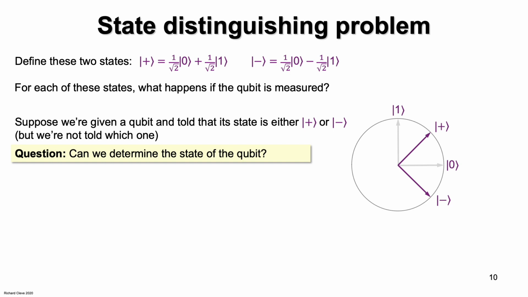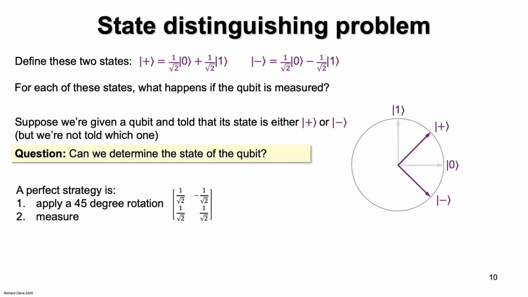But since we can perform unitary operations, we are not shackled to the computational basis. We can apply a rotation with angle 45 degrees. This maps ket plus to ket 1 and ket minus to ket 0. Then we measure in the computational basis, which perfectly distinguishes between the two cases.